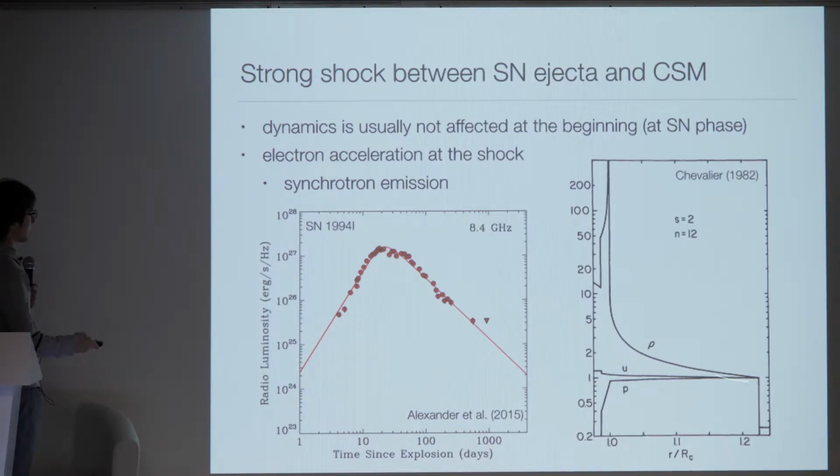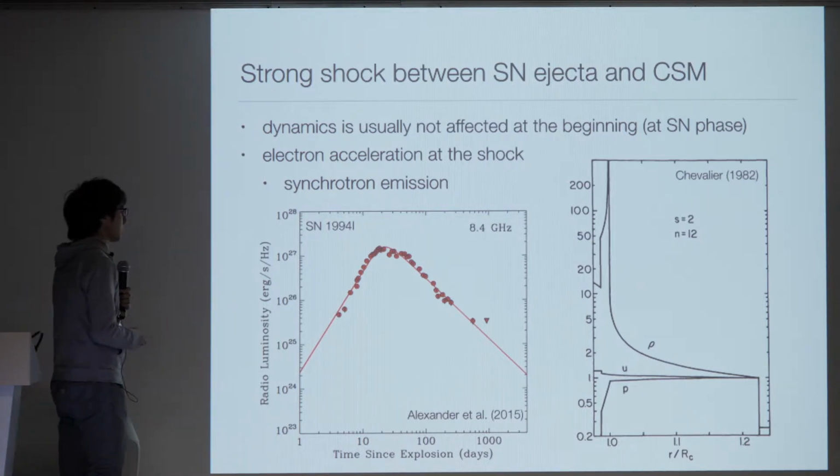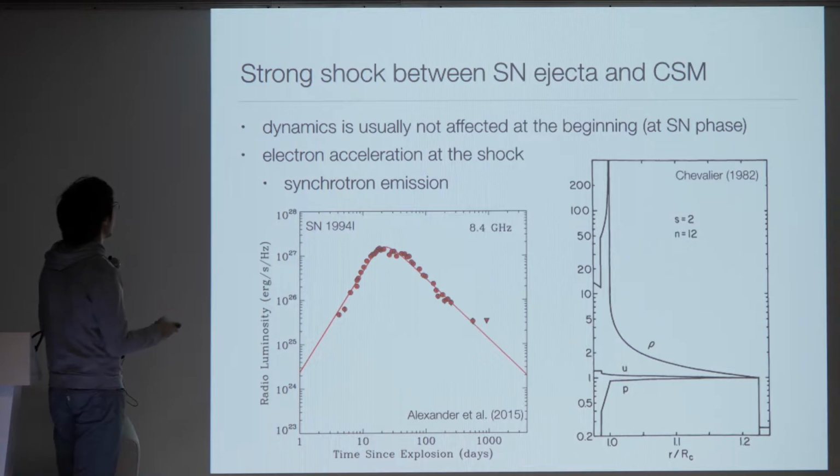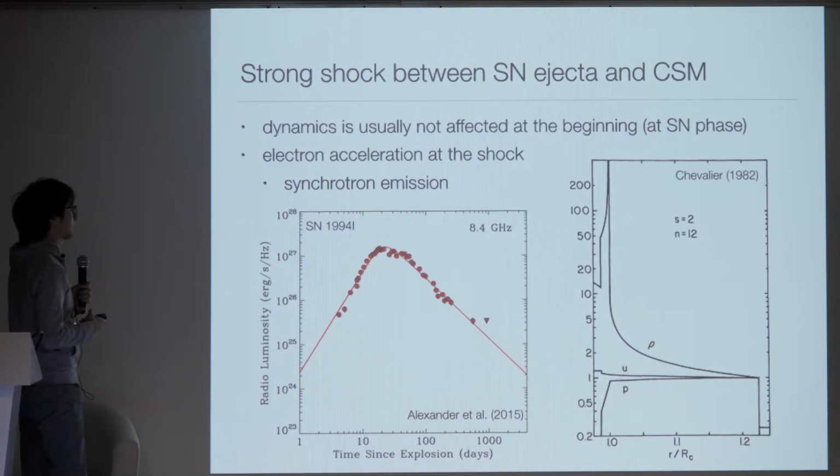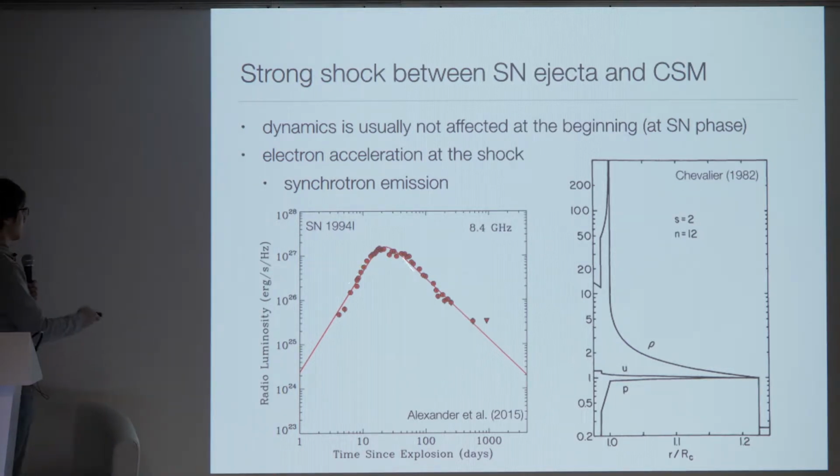And you can easily estimate the velocity and density of this forward shock by using some simple analytic formula, and you can easily derive this behavior. So that's kind of the standard supernovae, and that's what we expect from the stellar evolution theory as well.